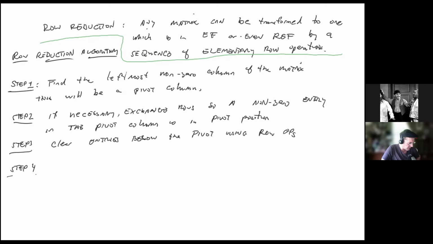We cover the row that contains the pivot now and all rows above it. But the first time, you won't see that. So cover the row containing the pivot and all rows above it.